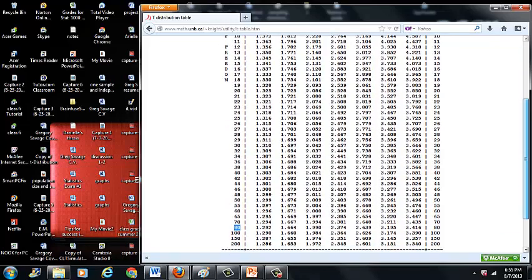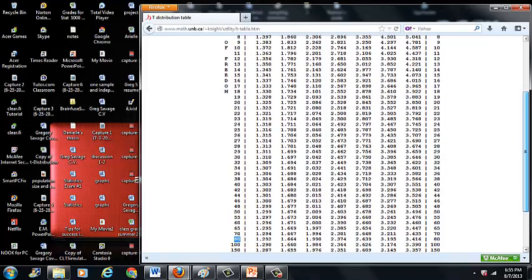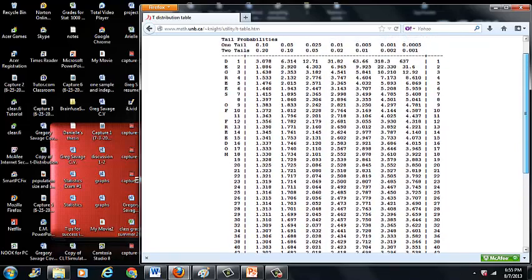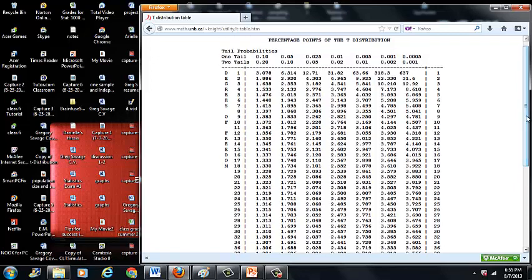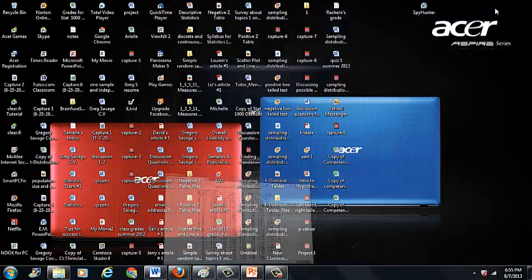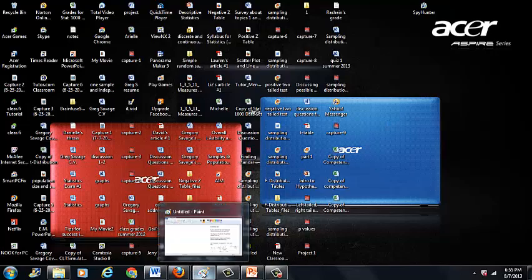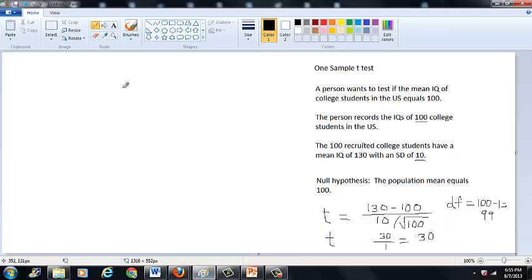If it had 99, we would want to use 99, but since it's not there, we have to use 80. This says one tail or two tails. We have to decide which of these two types of tests we're doing, a one-tailed test or a two-tailed test. And I'll show you why that's important.